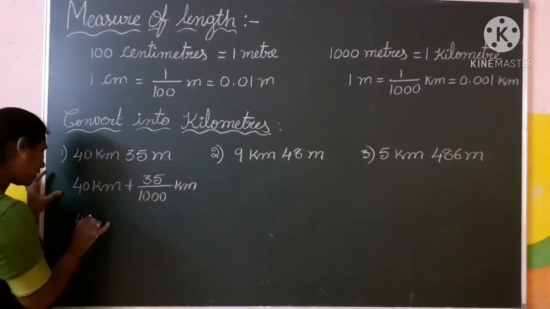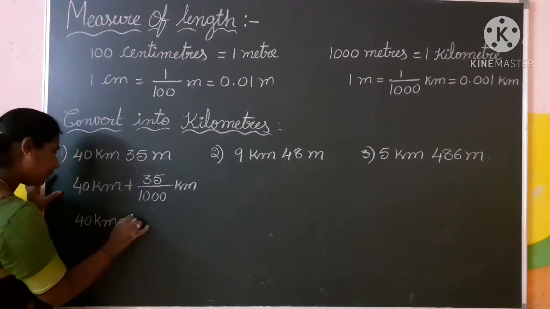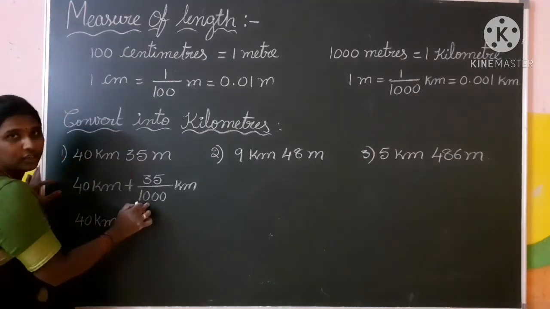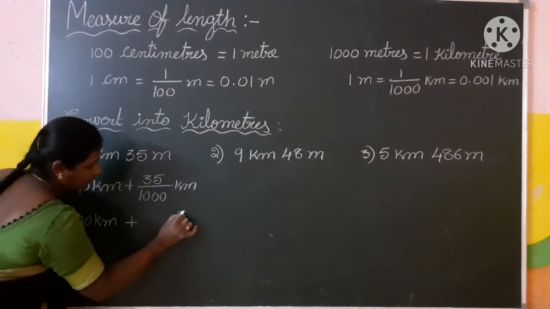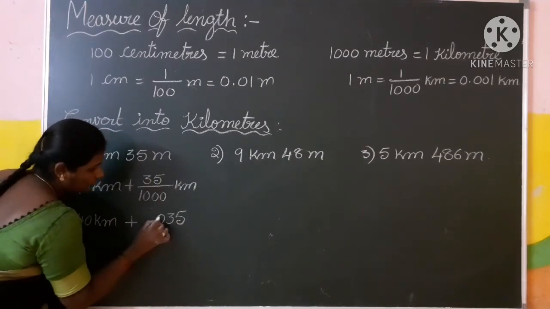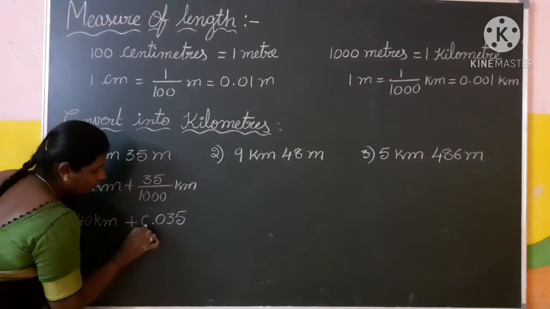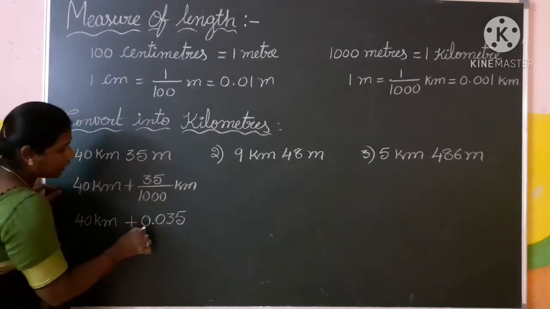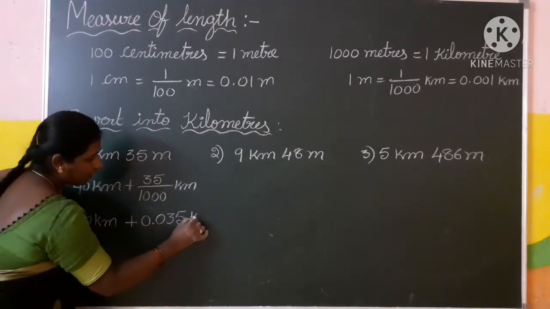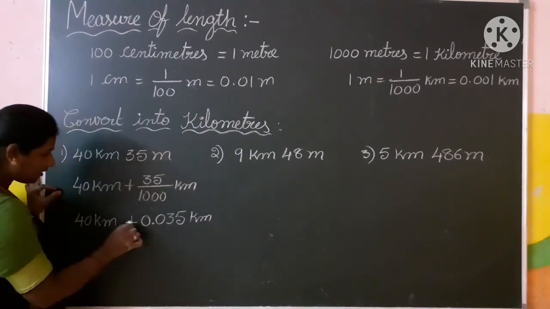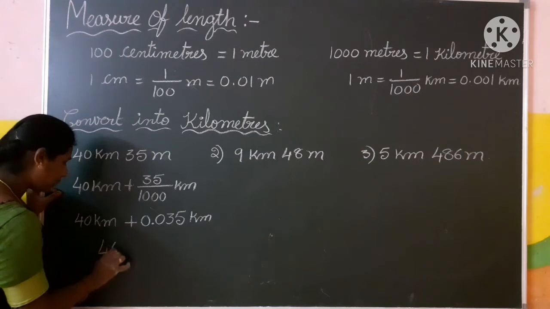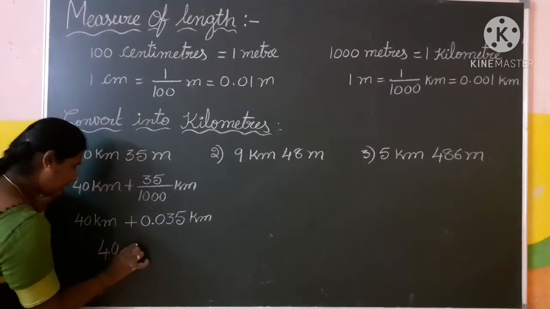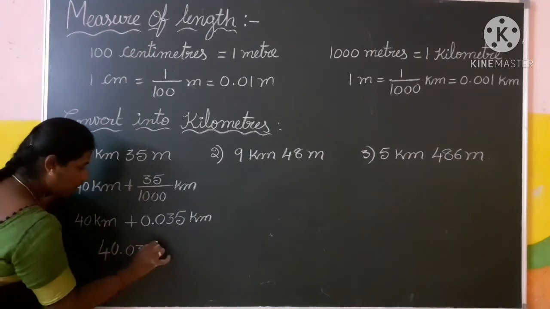So 40 kilometer plus, here the denominator has 3 zeros, so we should put 3 numbers before the point. 5, 3, 0, point. Before the point there is no number, we should take it as 0. 0.035 kilometer. Now add these: 40 plus 0.035 is 40.035 kilometer.